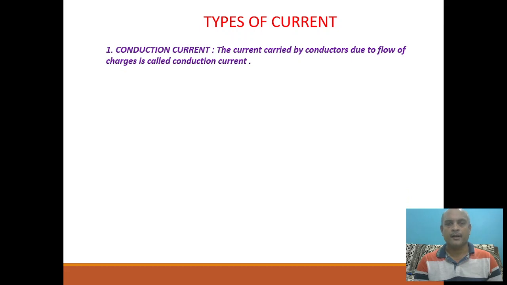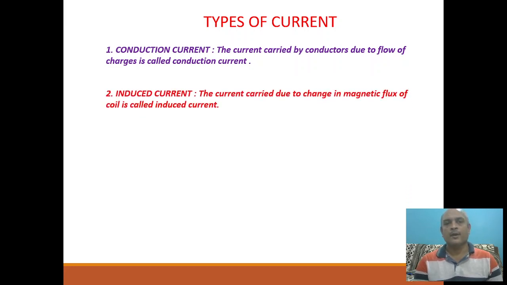Now, on the basis of flow or change, we can categorize types of current in four ways. First, conduction current. It is the current which we actually know: the rate of flow of electrons, the rate of flow of charge. So current carried by a conductor due to flow of charge is called conduction current. This is the famous concept. Second, induced current. The current carried due to change in magnetic flux.